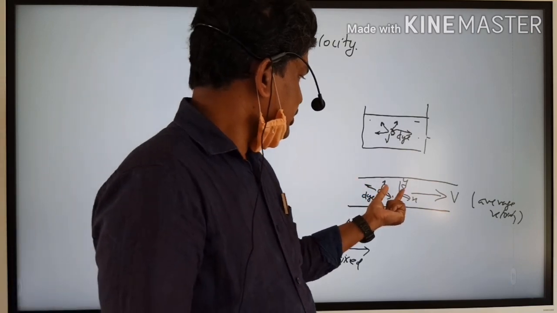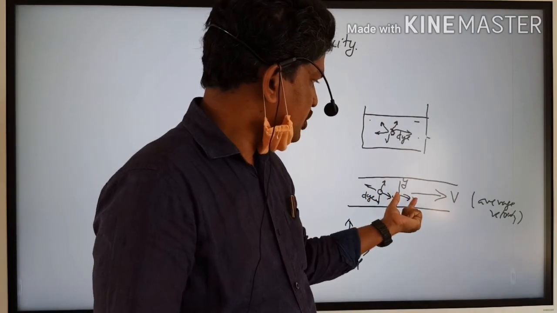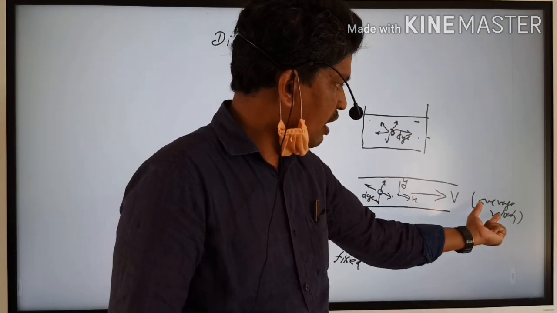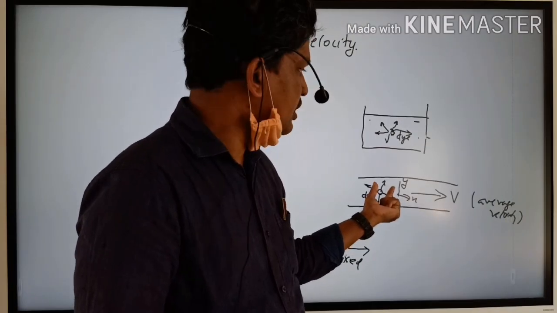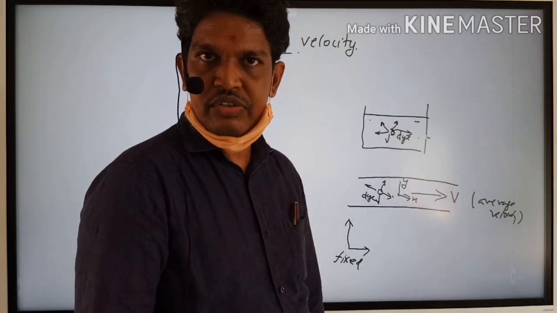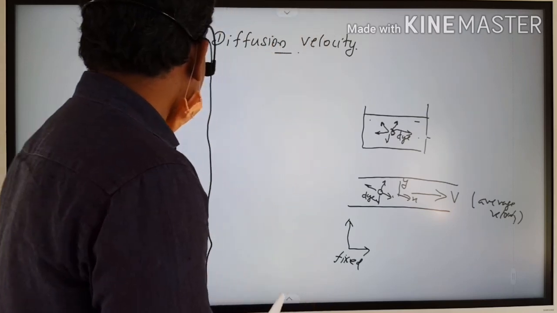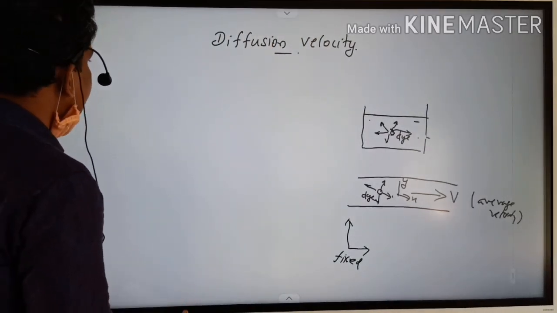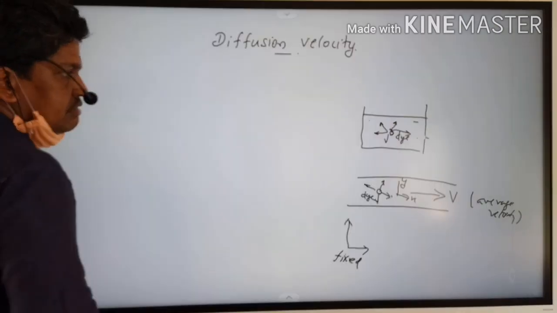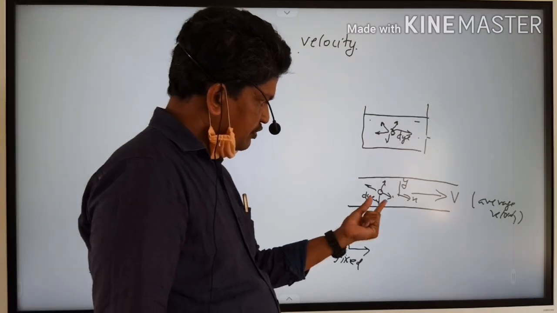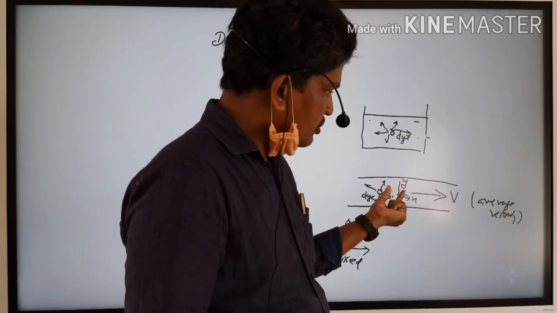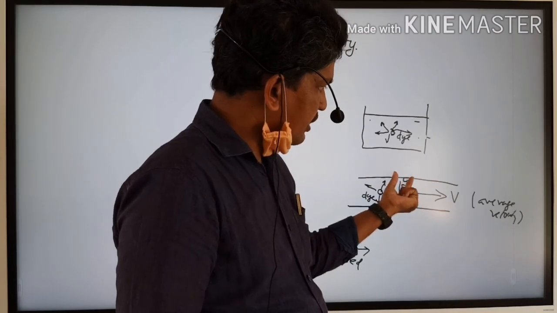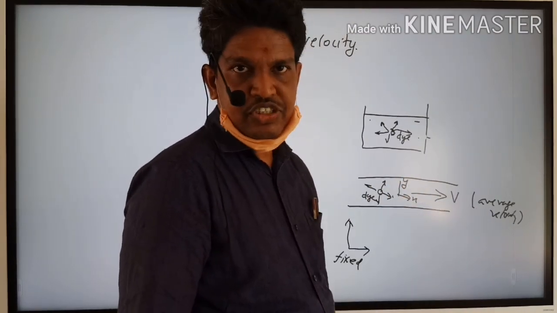So if you express the velocity of the dye with respect to a moving coordinate which moves with the average velocity, it means the velocity of the dye with respect to the average velocity. So the diffusion velocity is the relative velocity. Diffusion velocity means the relative velocity of the dye with respect to the average velocity.